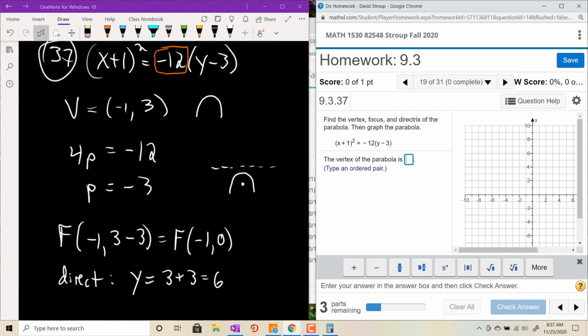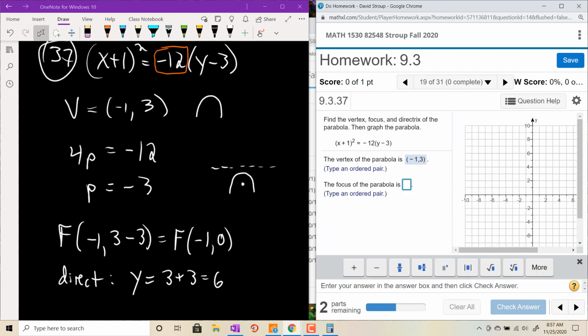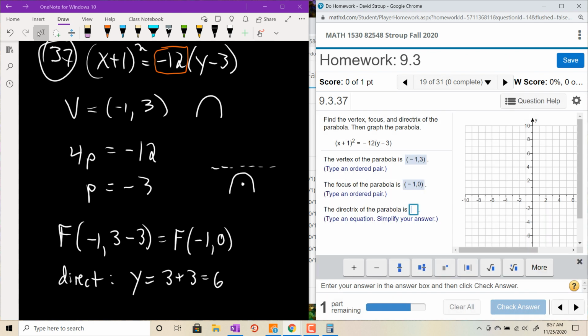The vertex is negative 1, 3. The focus is negative 1, 0. And the directrix y equals 6.